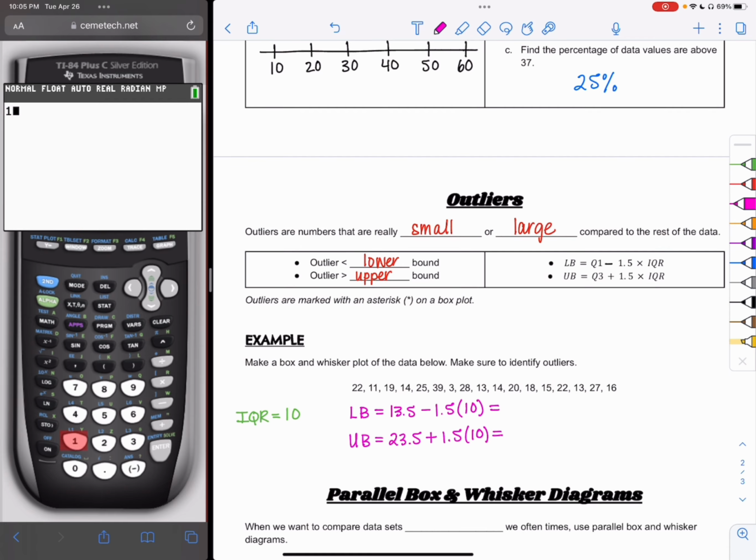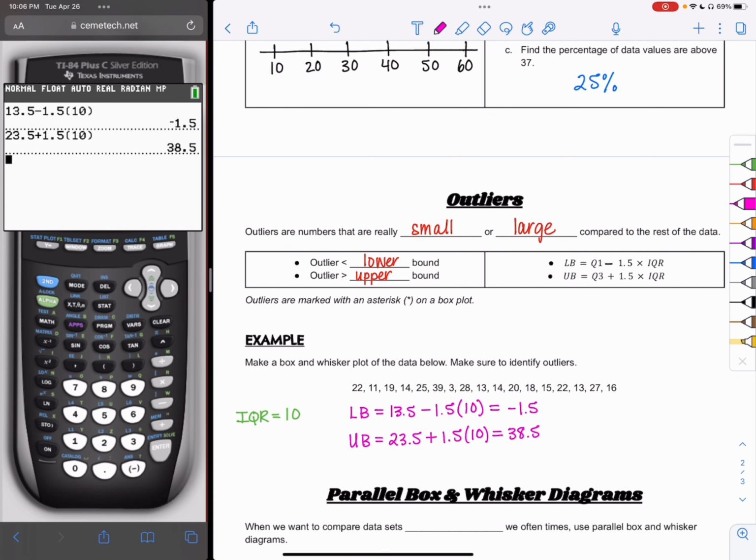So when I do that, I'm going to have 13.5 minus 1.5 times 10, and that's going to give me negative 1.5, and then I'm going to have 23.5 plus 1.5 times 10, and I will end up getting 38.5. All right.